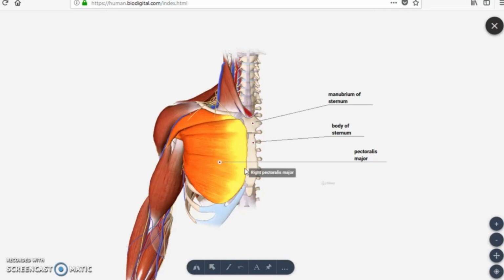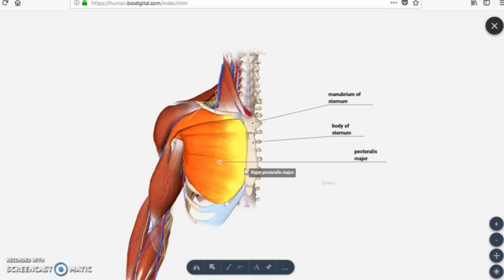We will deal with it in detail in the head and neck region. For now, just remember that the platysma is a subcutaneous muscle seen in the superficial fascia of the pectoral region. Talking about the deep fascia, it is otherwise known as the pectoral fascia. That's all you have to remember about the superficial and deep fascia.